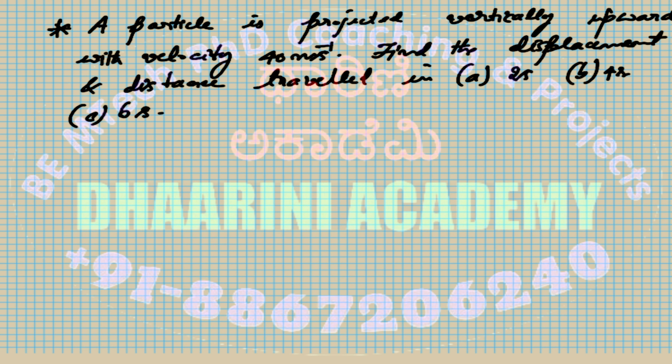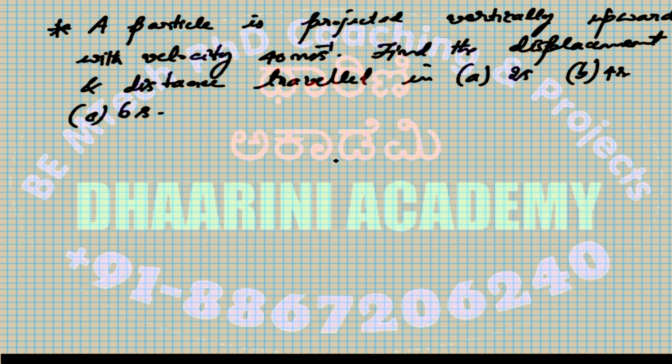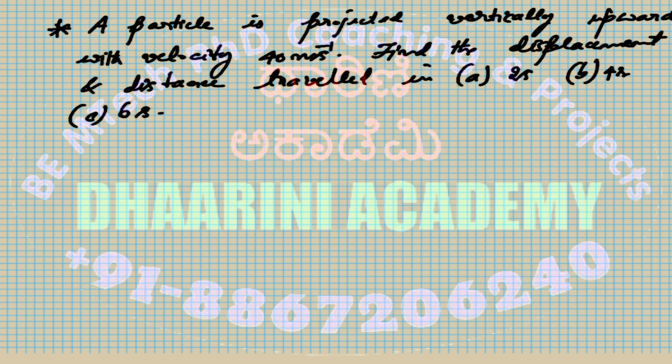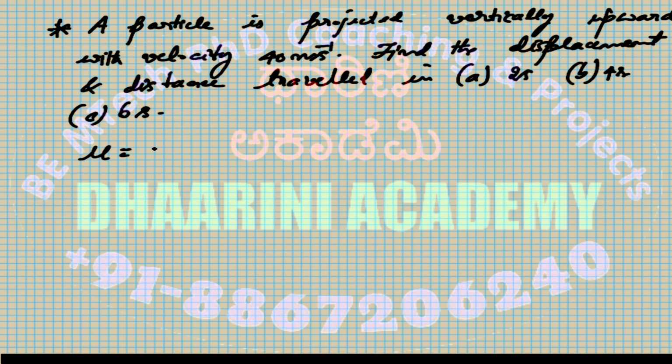Now, normally the t naught is the time taken to reach the maximum height. That is the time of ascent, which itself is the time required to make the velocity 0. In this given problem, u is positive, that is 40 upwards, and a is downward, so this is negative, let's take minus 10.